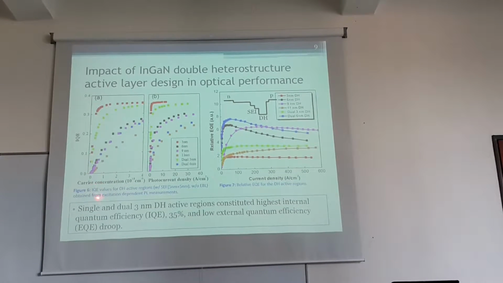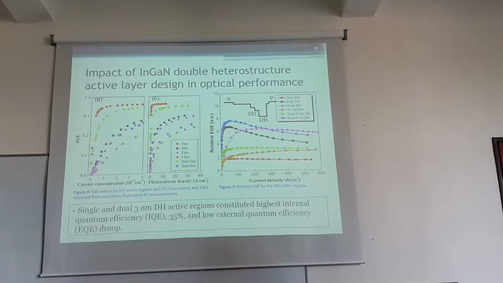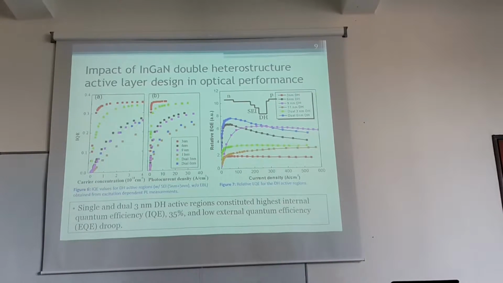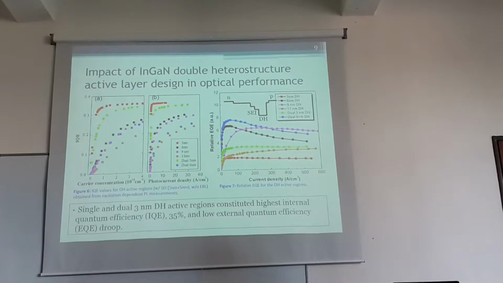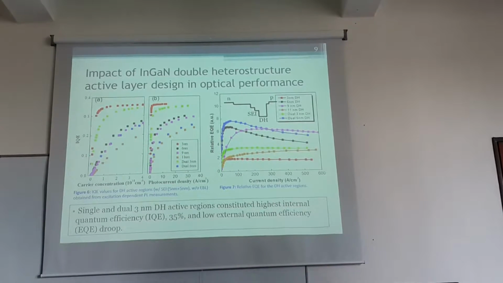For that reason, 3 nanometer and dual 3 nanometer has better efficiency. And in the right-hand side image, you see relative external quantum efficiency results. This is basically the intensity of electroluminescence versus current density. As I told you earlier, the problem was the efficiency loss.